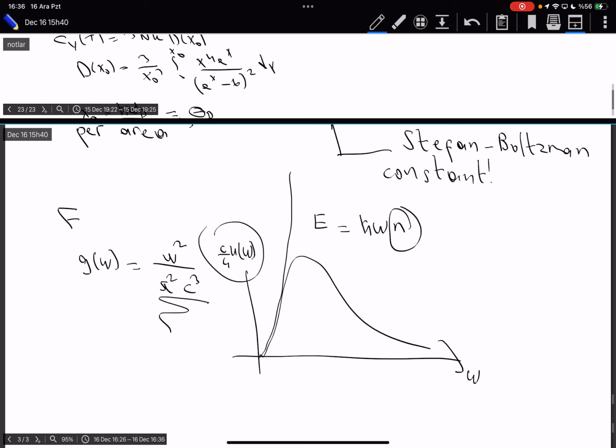This is the so-called ultraviolet catastrophe.